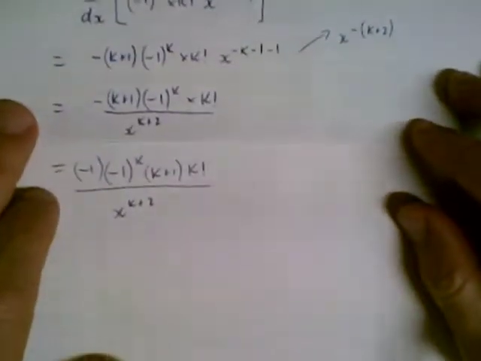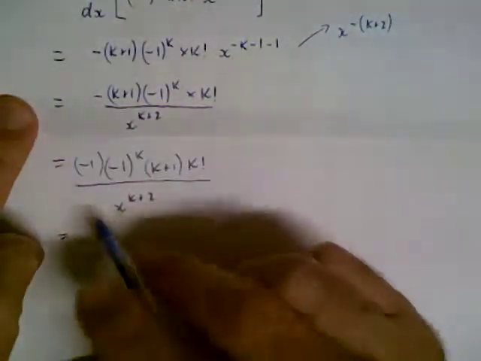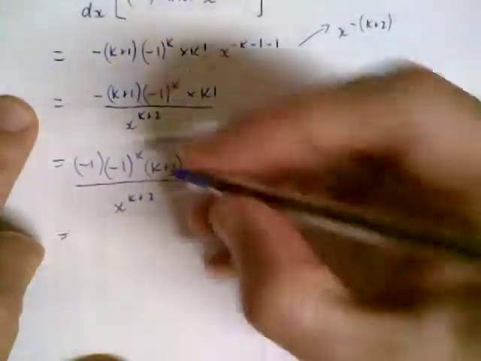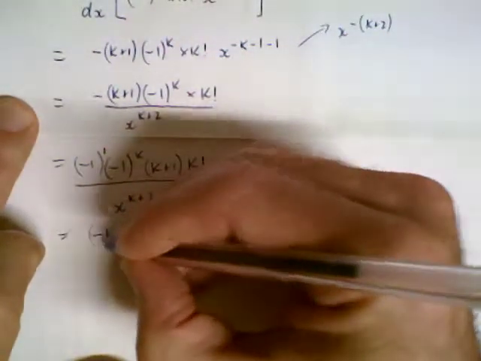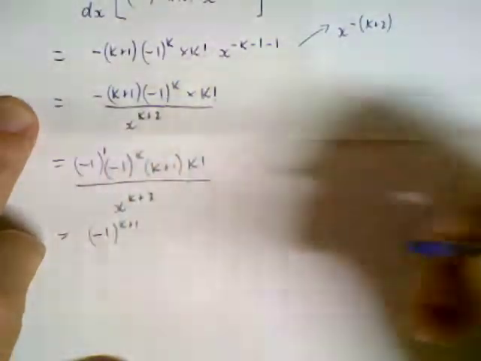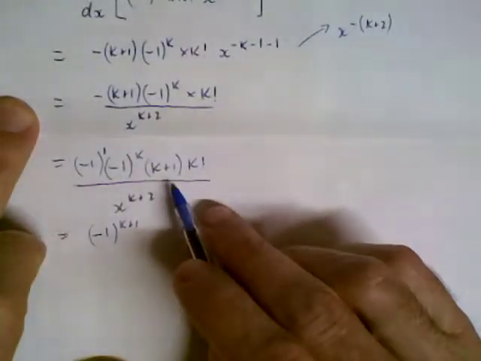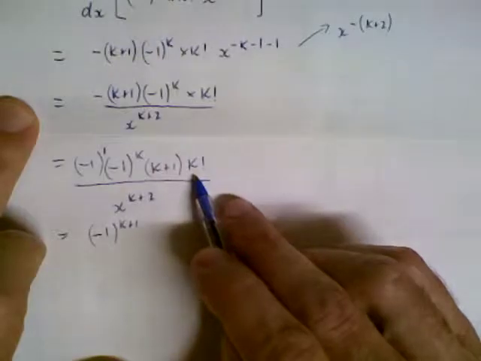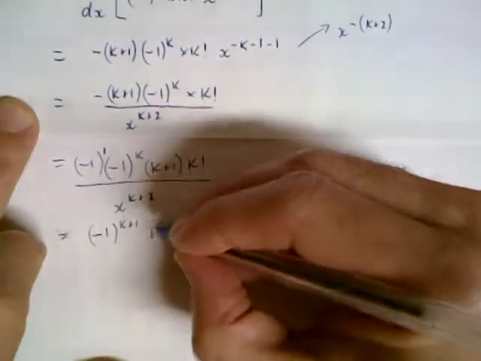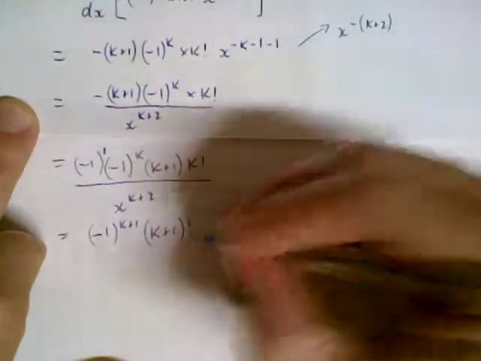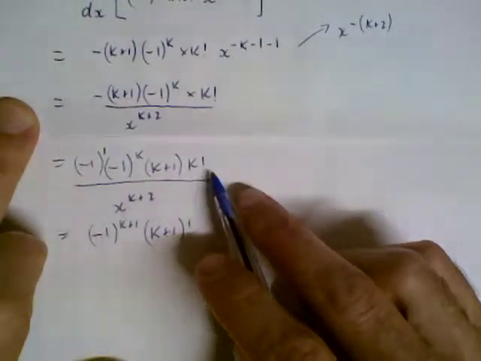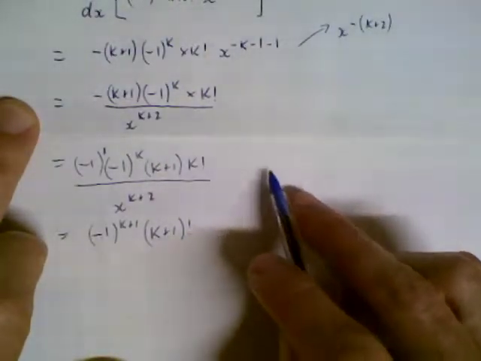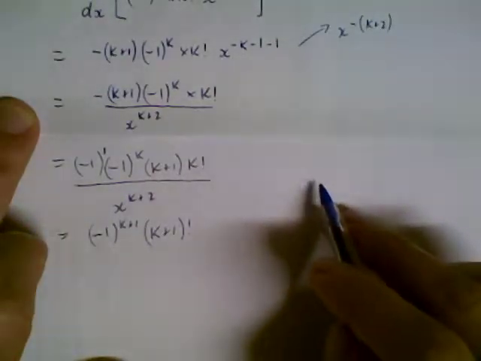So we're almost there. Finally here we've got negative 1 times negative 1 to the k. You can think of that as a power of 1, so we just add those indices, same base, and we get negative 1 to the power of k plus 1. And here we've got k plus 1 times k factorial, which is really just k plus 1 factorial. Remembering k factorial itself is just k times k take 1 times k take 2, all the way down to 3 times 2 times 1.